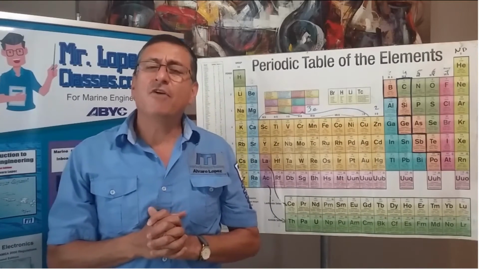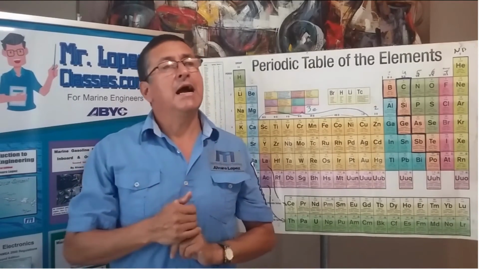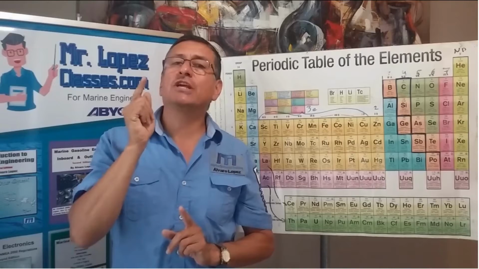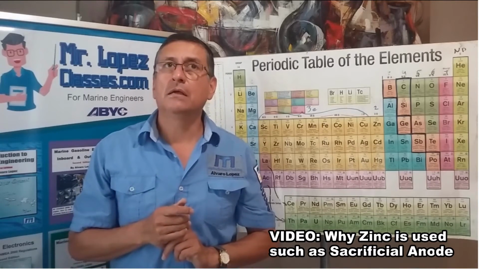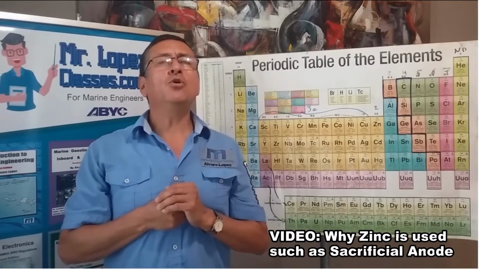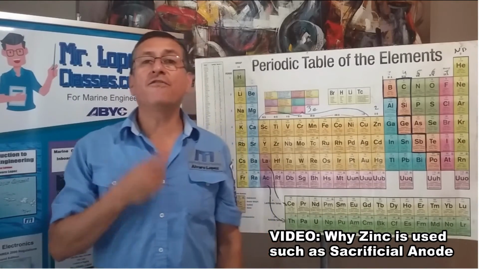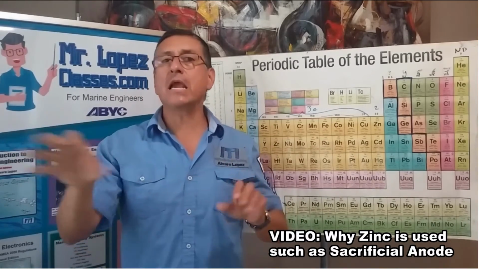How many electrons does oxygen have in the last orbit? 6. How many electrons does oxygen need to complete 8? 2. Okay. Suppose that oxygen has in front 2 metals, copper and zinc.